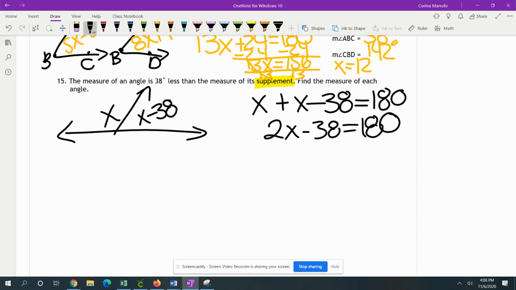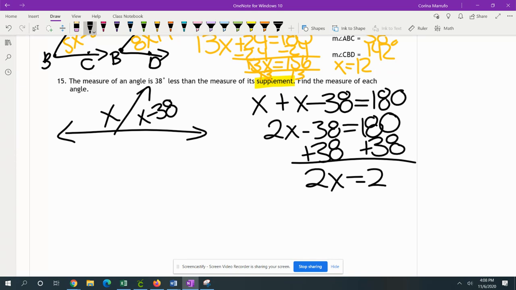We go ahead and add the 38 to both sides. We get 2x equals 208. Then we divide both sides by 2, and we get x equals 109.